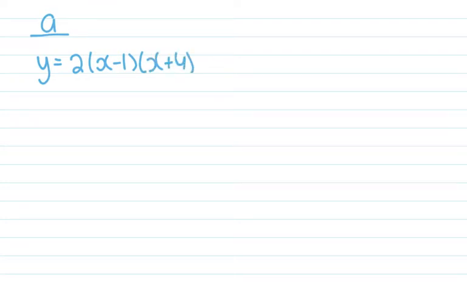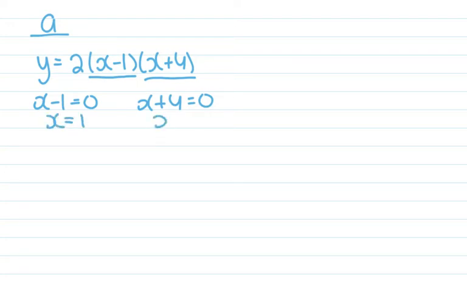So to go from factored to vertex, we need to find the midpoint of the zeros and then find the y coordinate by plugging it back into the equation. So we can find the zeros by setting each section equal to 0. x minus 1 equals 0, x plus 4 equals 0. That means x equals 1 and x equals negative 4. So those are my zeros.